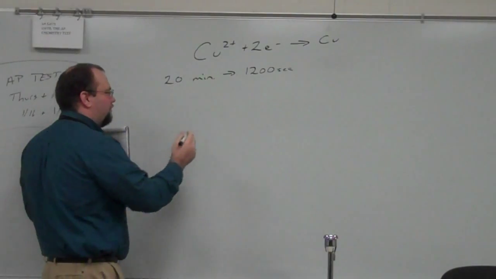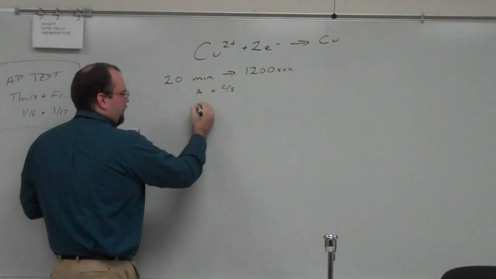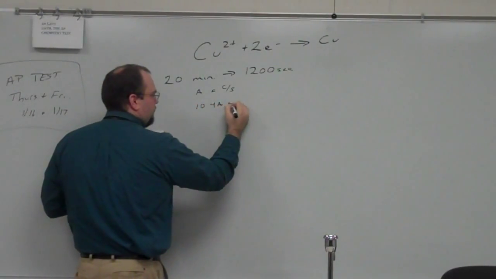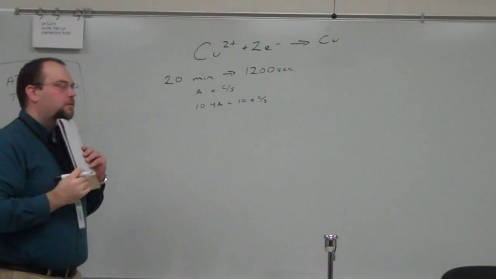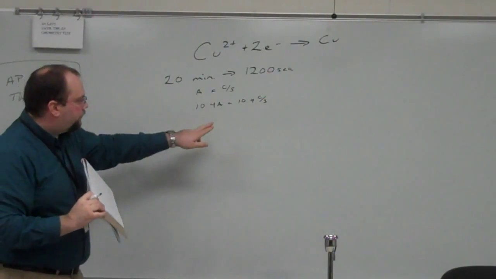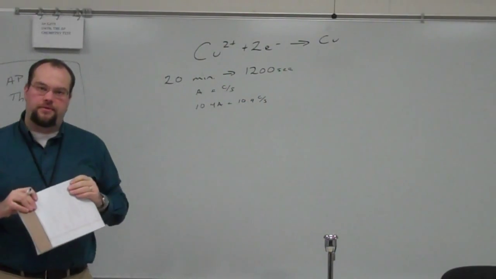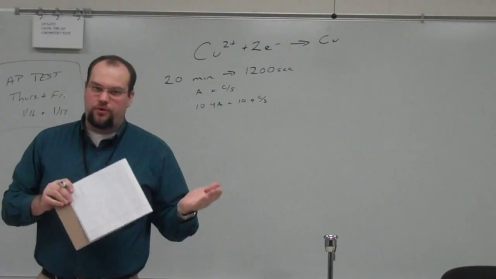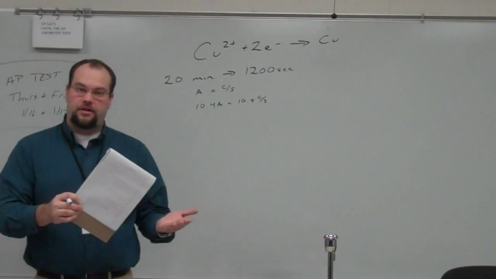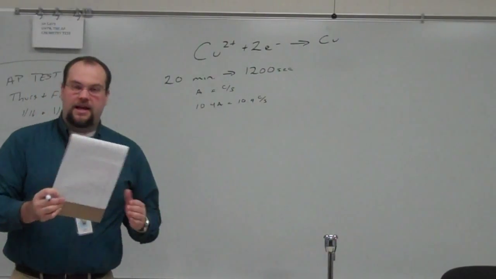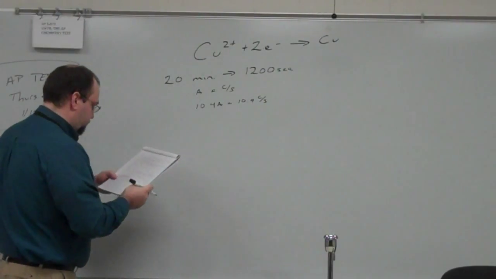I also know that since an amp equals a coulomb per second, 10.4 amps equals 10.4 coulombs per second. From here, I can calculate how many total coulombs pass through. And since I know the ratio of coulombs to moles of electrons, 96,500, I can calculate exactly how many coppers formed.